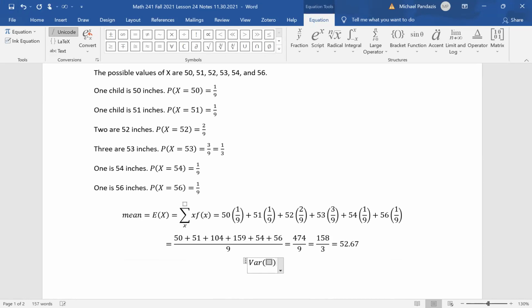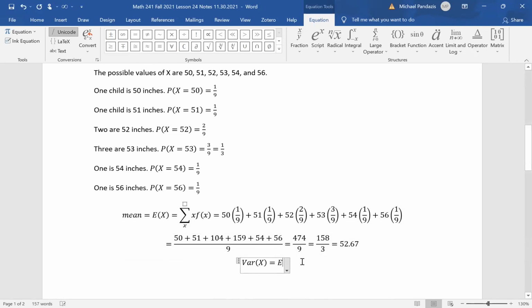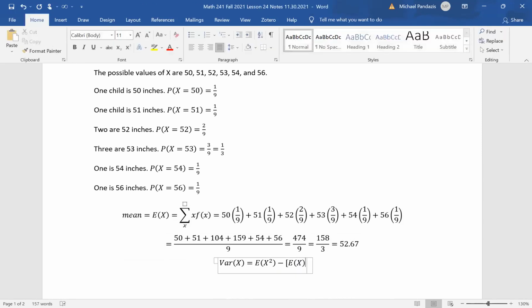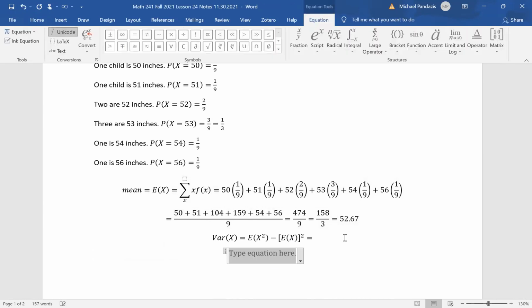The variance of X is equal to E of X squared minus E of X, squared. So you can find the expected value of X squared and then subtract that value and you get it. So let's do that then.